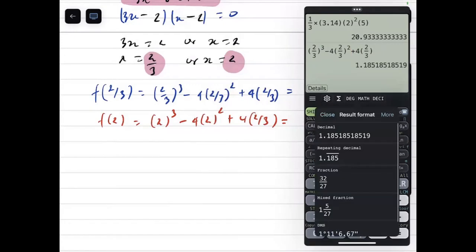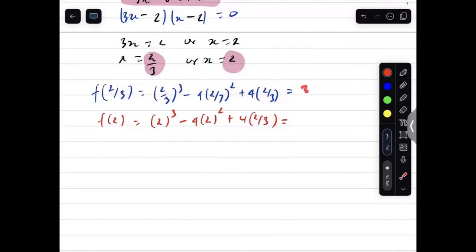I want to try to find the fraction of that, it's 32 over 27. Right, I also found the same thing, 32 over 27.